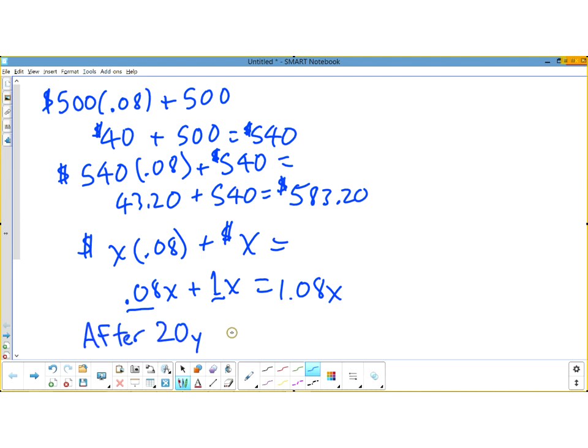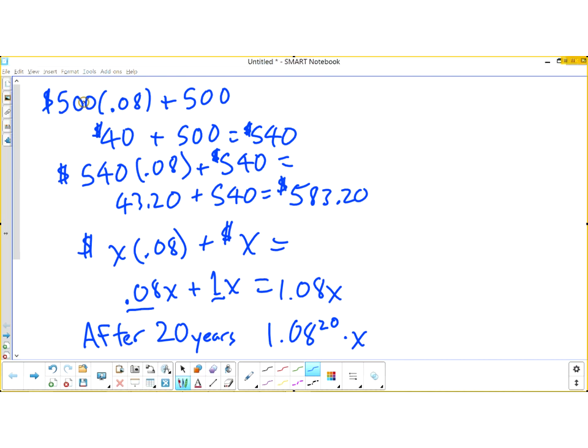Well, then at the end of 20 years, you would have 1.08 to the 20th times x, because each year you would have multiplied by 1.08. And if you remember, exponents are short for repeated multiplication.